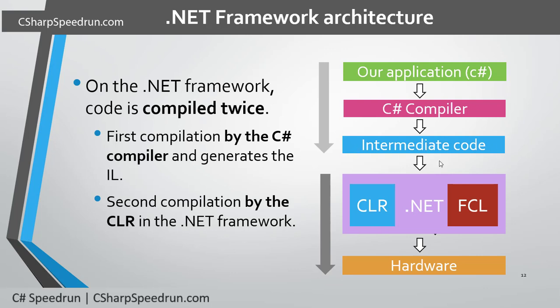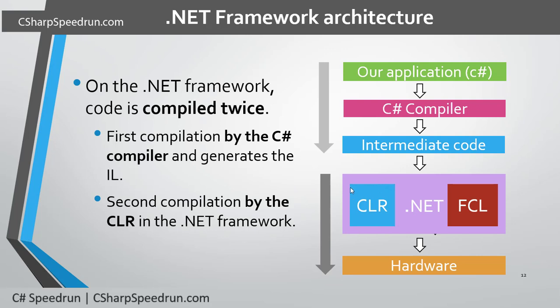This intermediate code is partially compiled code, meaning it cannot be executed by any operating system. So we need a second compilation. During this second compilation, the intermediate code is converted into OS-specific code, which is done by the CLR. The CLR will read the intermediate code and convert it into machine-specific binary code for a specific operating system.